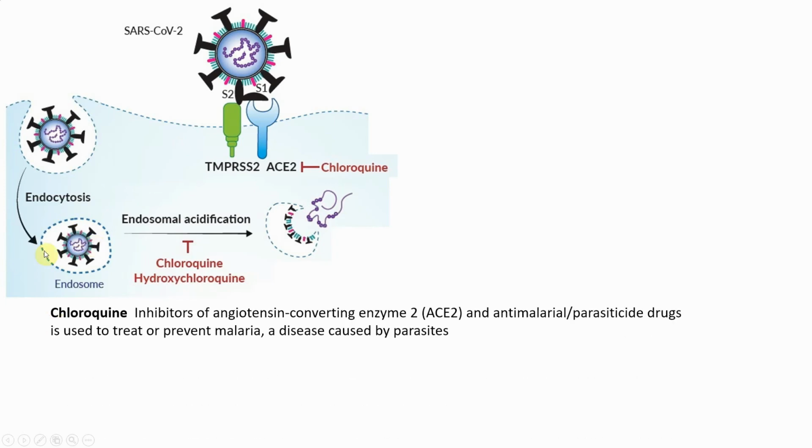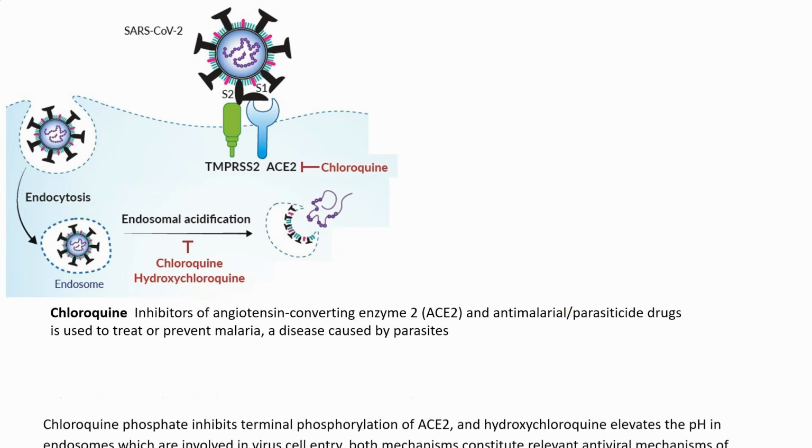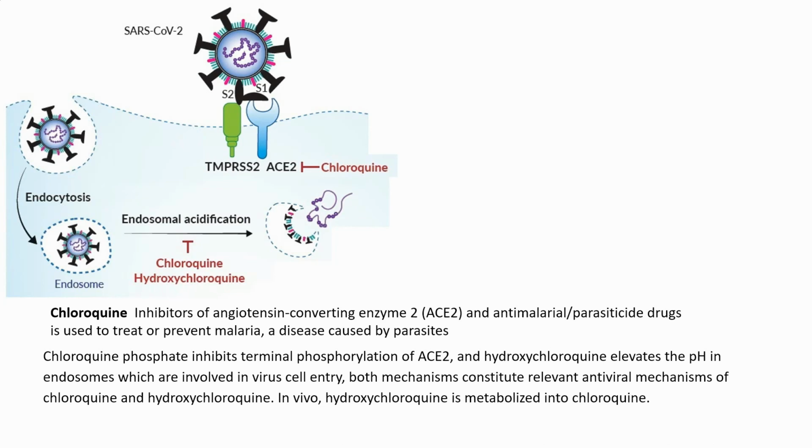And as you see here, chloroquine is an antagonist, inhibiting the ACE2 receptor, and we also use it as an anti-malarial for the treatment of malaria. Also, with the help of hydroxychloroquine, it can prevent endosomal acidification and the opening of the endosome. As I mentioned, it is partially metabolized and partially, without being metabolized, can be secreted in the urine.